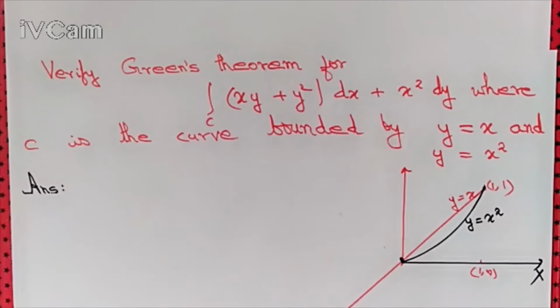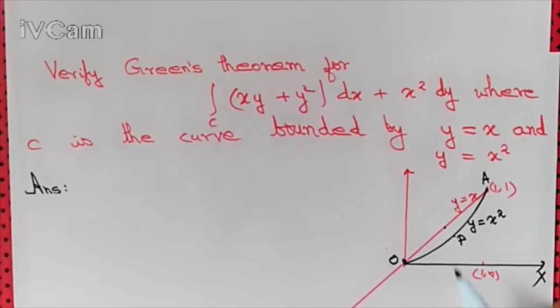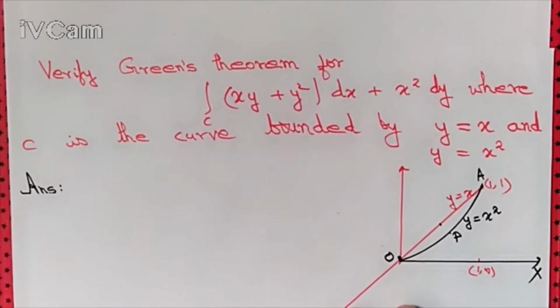So what do you think should be our closed curve? Well, we can have many. Let's take this point to be O. Let the point of intersection of y equal to x and y equal to x square be A. Let us take a point P on the parabola, and a point Q on the straight line. Then we have a closed curve OPAQO.